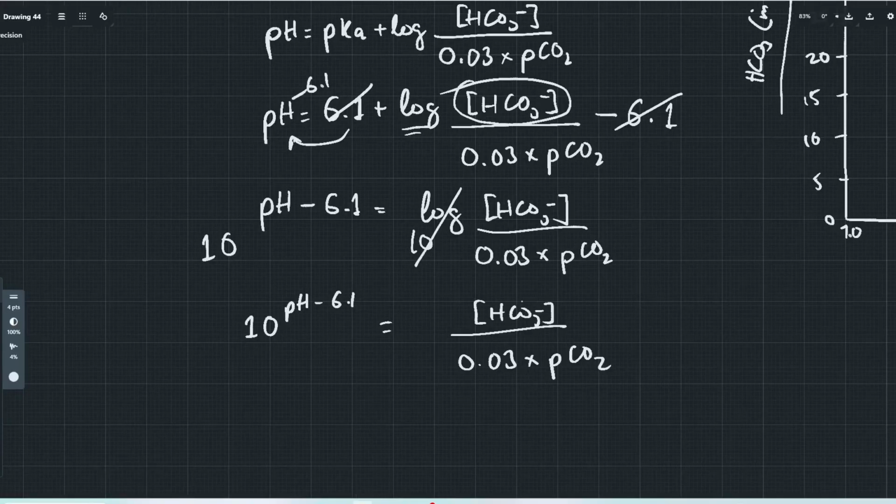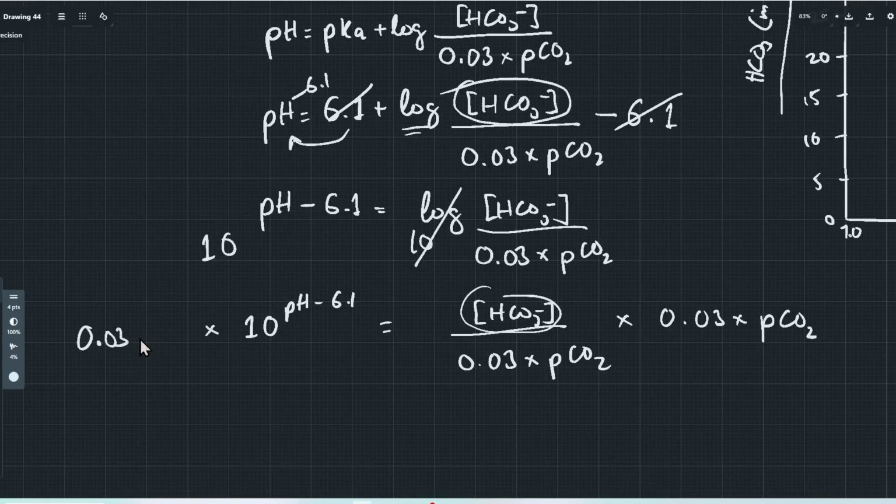Now actually we are looking for HCO3. To find HCO3, we can multiply both sides by 0.03 into PCO2. I think I said 0.02, sorry about that, it's 0.03 into PCO2.